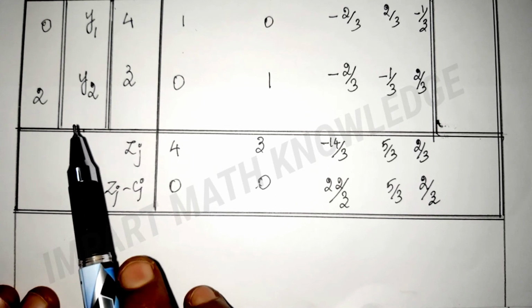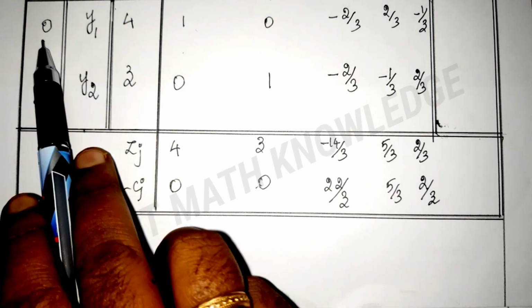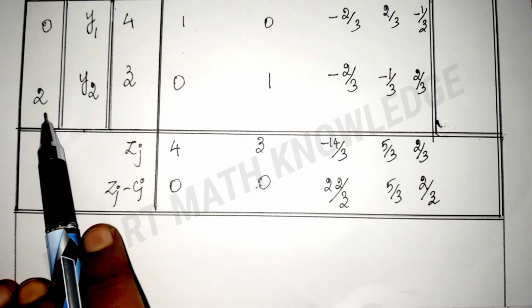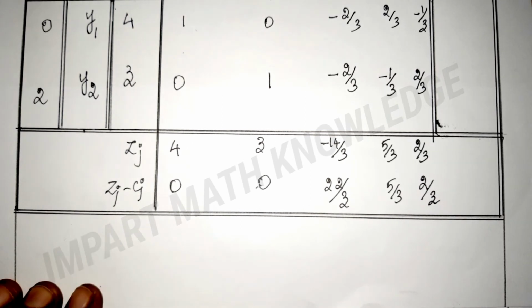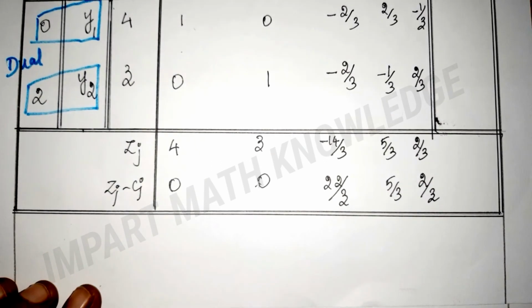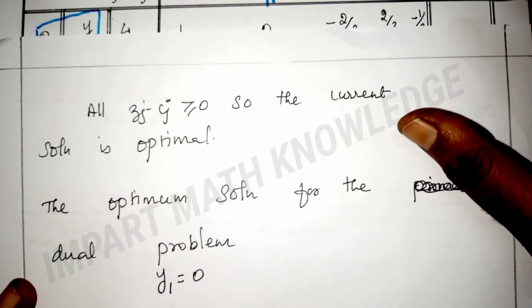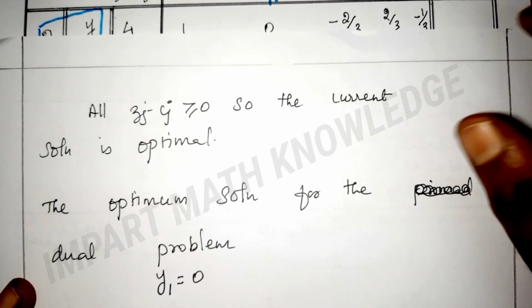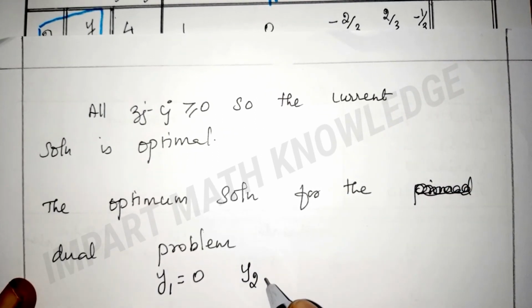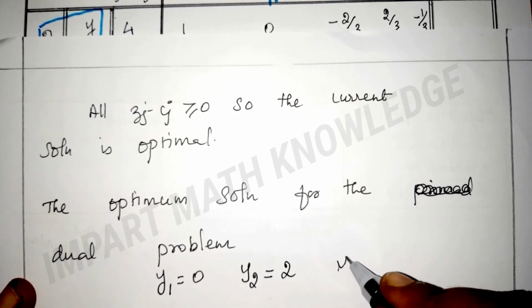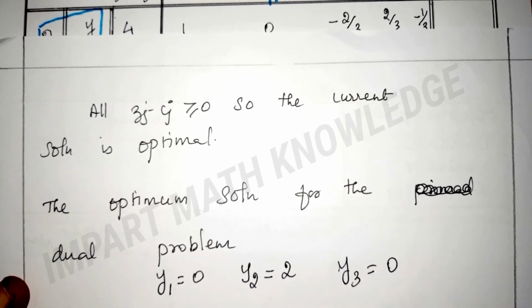The optimum solution for the dual problem is y1 is equal to 0, y2 is equal to 2. y3 is not there in the table, so you put 0. This is the optimum solution for the dual problem. Let me write. y1 is equal to 0, y2 is equal to 2 and y3 is equal to 0.